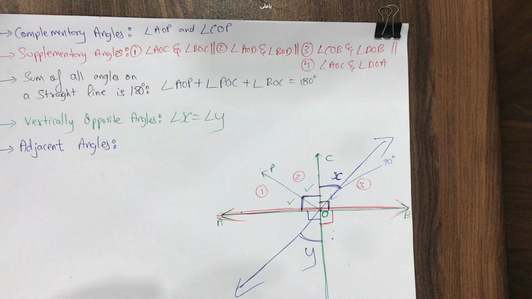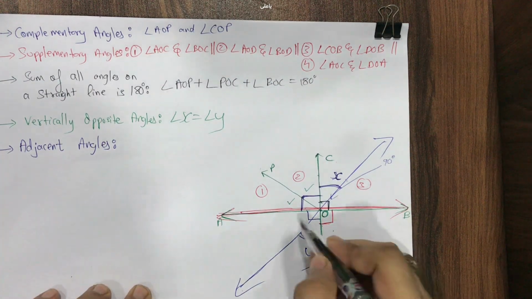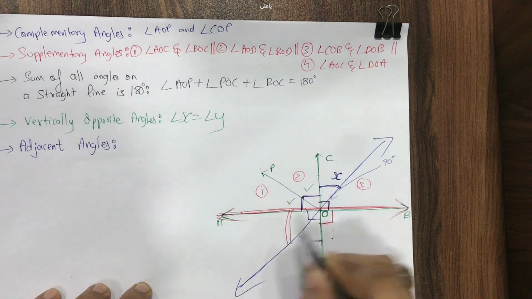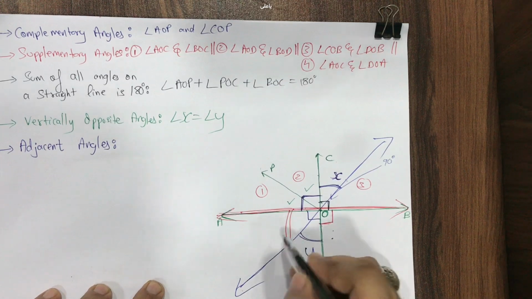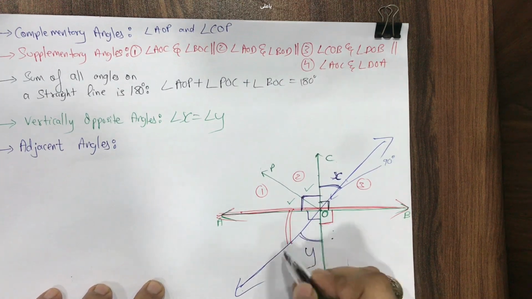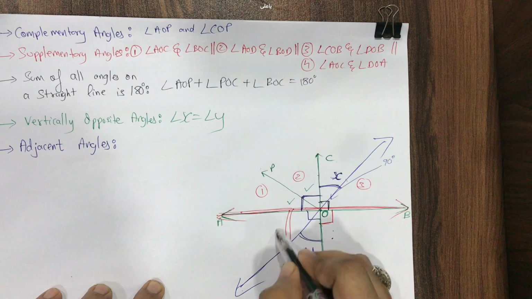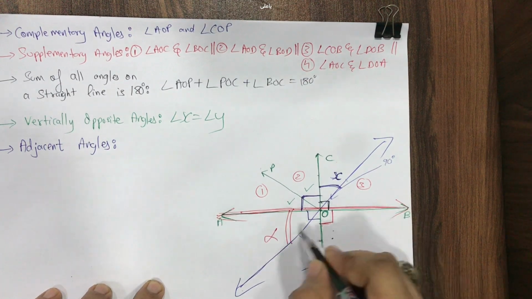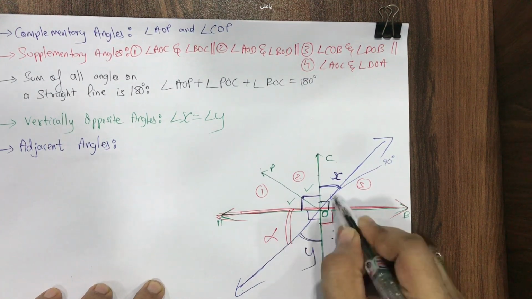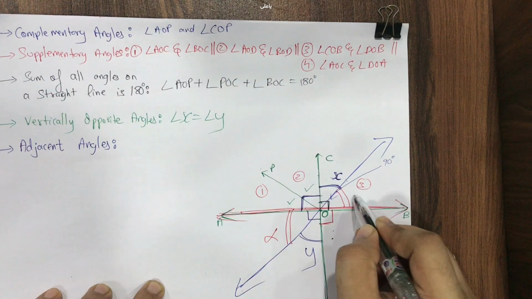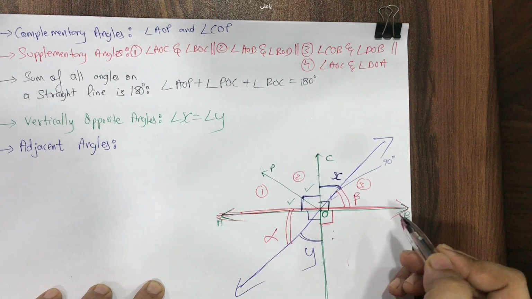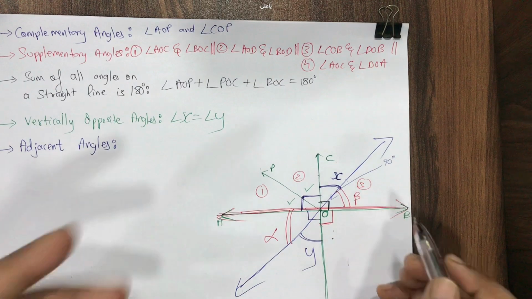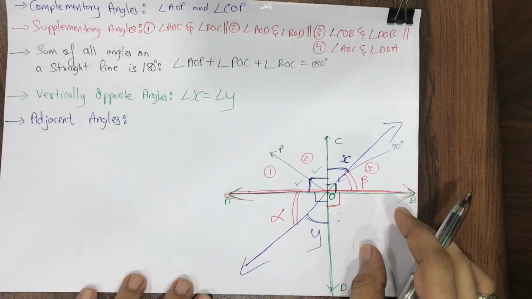Okay. Similarly, here also I can see something. If I call this angle, for example, alpha, anything I took, so exactly opposite to it, this angle, if I call it beta, okay, alpha, beta, gamma are Greek symbols normally used in chemistry.